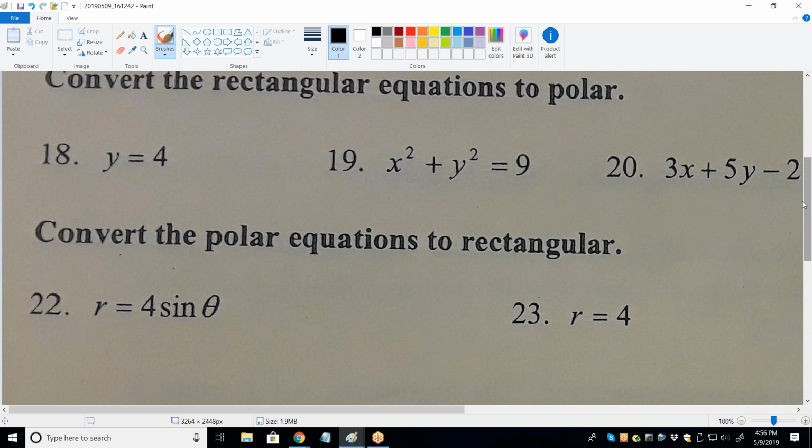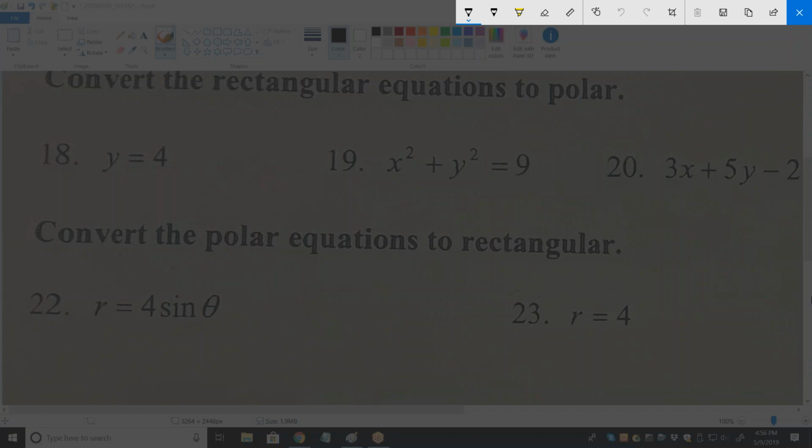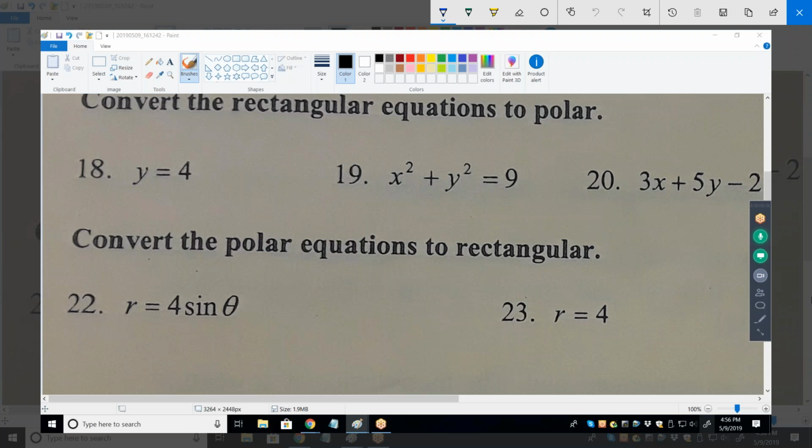Before we do number 18, let's do number 19. What's the polar equation for number 19? First of all, what is that in rectilinear? What kind of shape is that? It's a circle.